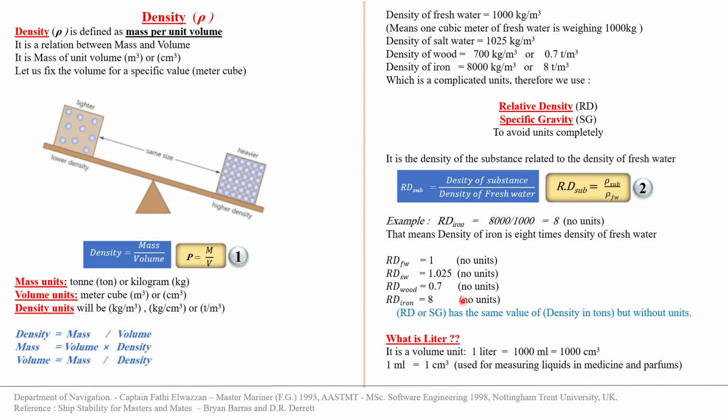That means 1 milliliter is the same as 1 centimeter cube. This is used in some specific branches like medicine, perfumes, and other fields. Also, they use ml, milliliter, instead of centimeter cube.